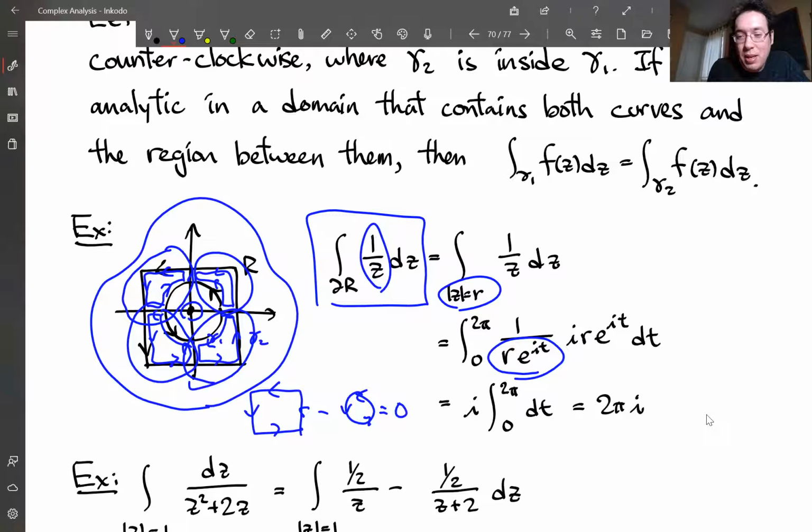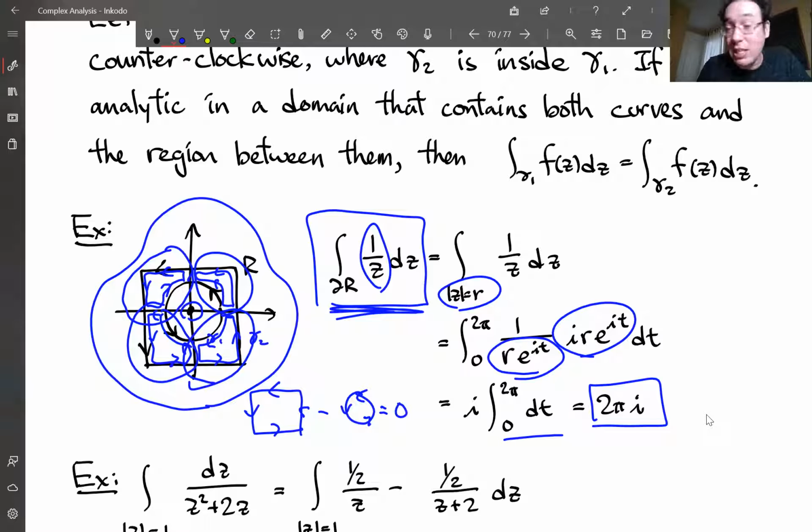And we've actually already done this computation in the past. The path integral, in this case, is not 0, it's 2 pi i, but we know it's equivalent to the path integral on the square. We just chose the circle because it's easier to integrate. And we know that they're equivalent because the function is analytic in the domain between those two curves.